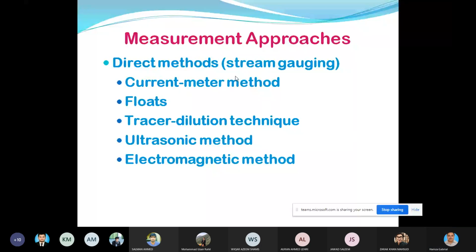How much time the acoustic pulse or signal takes in emitting and then receiving back. Likewise, we can use the electromagnetic method where by placing an electromagnetic field on the bed, we can also measure the discharge. But these last two methods are rarely used.